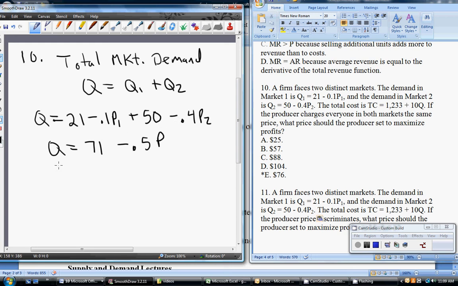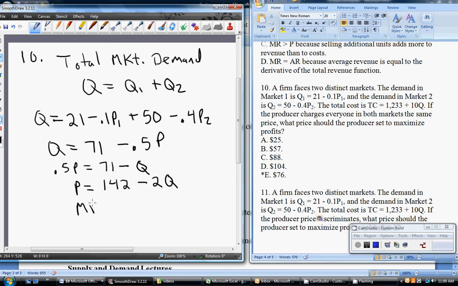What I'll do next is get the inverse demand. Okay, and dividing through by 0.5, we get that result.